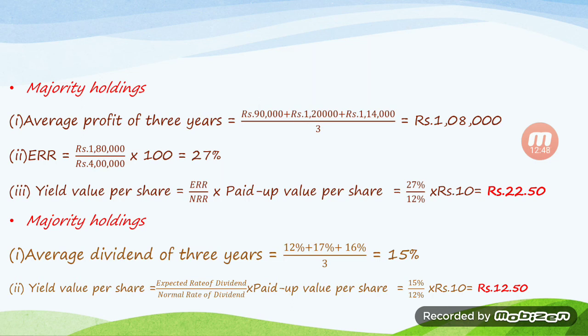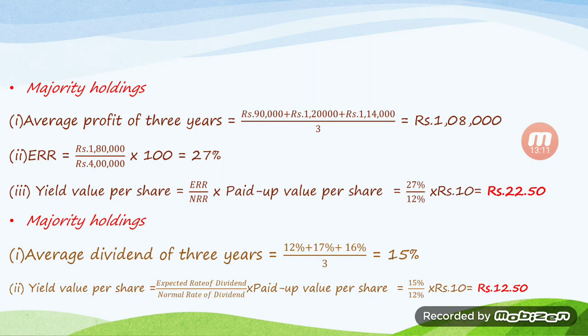Minority holding, under which find the average dividend: 12 percent plus 17 percent plus 16 percent divided by 3, the average dividend will become 15 percent. Then we can move with the yield value per share, expected rate of dividend divided by normal rate of dividend.